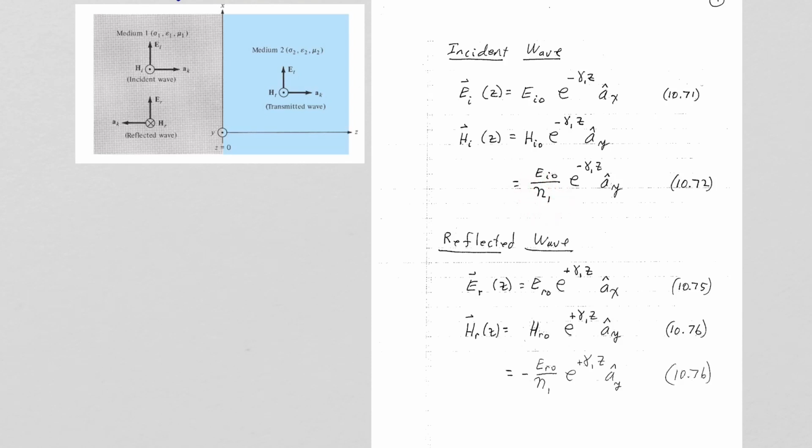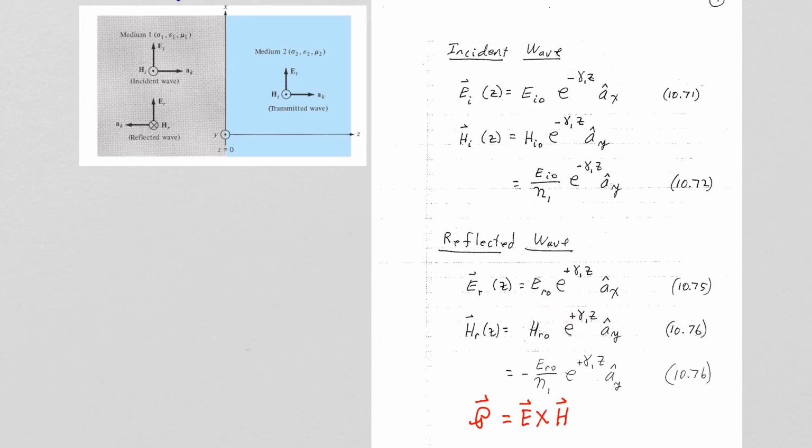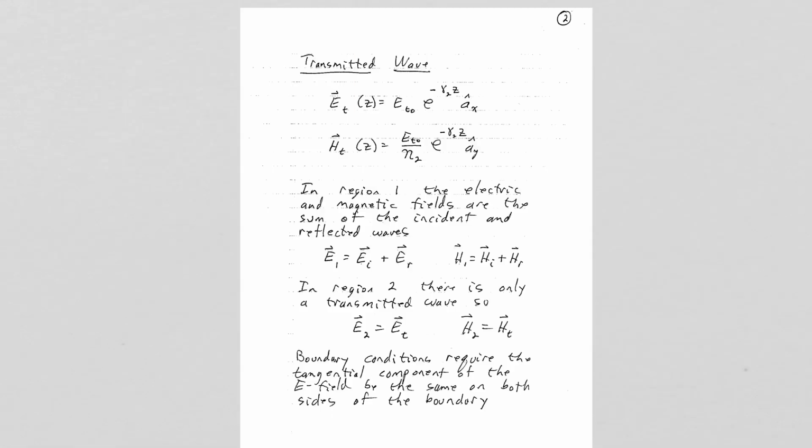Similarly, here is the representation for our reflected waves, and notice that the exponent here is positive to indicate the propagation is in the minus z direction. The minus sign here is to satisfy Poynting's vector for our reflected wave, which is propagating in the minus z direction. Finally, the representation for our transmitted electric and magnetic field intensities.